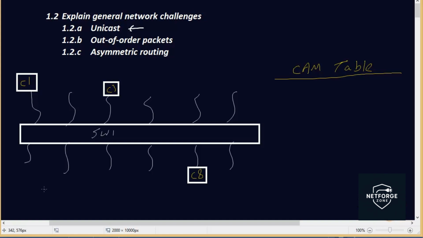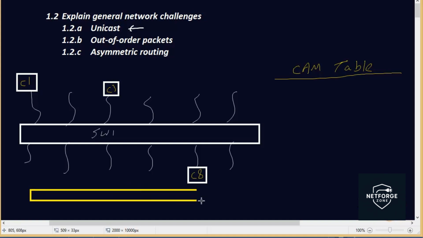For example, this is a frame, and the frame has a header. Let me draw a better frame. Assuming that this is a frame and it has different parts. The first part is called the header, and in the header we can see a source MAC address, and then a destination MAC address.